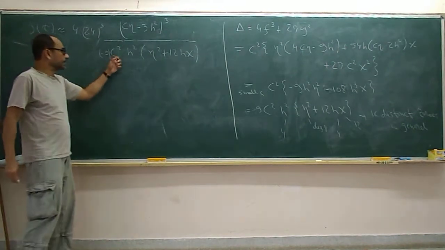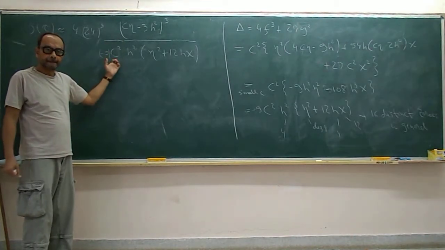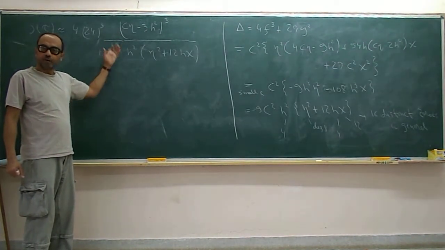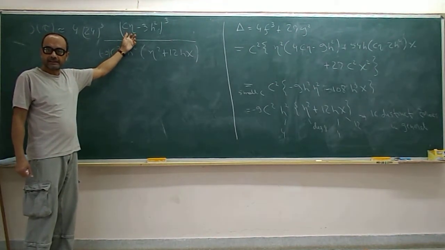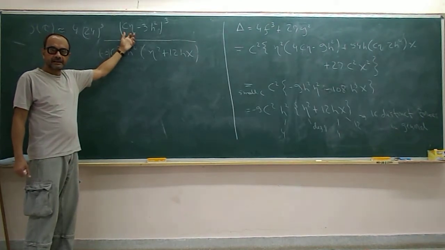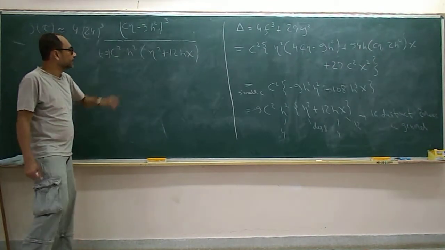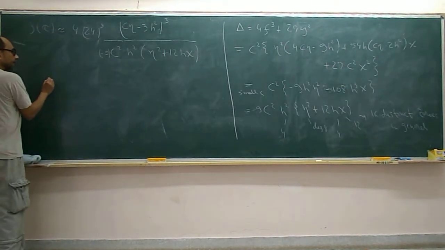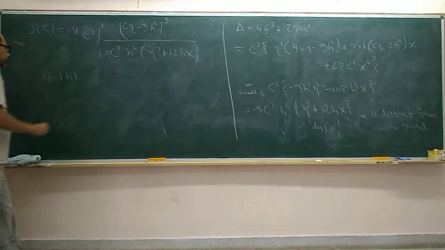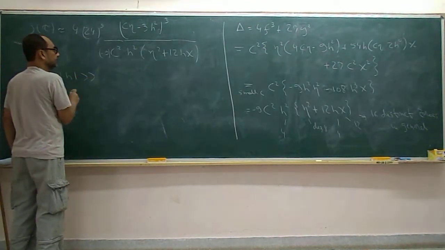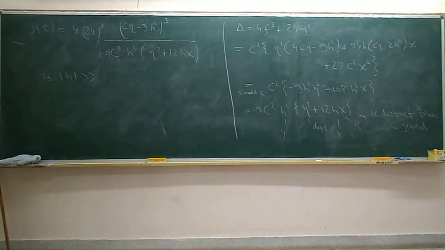Now, the fact that c squared is in the denominator makes this J of tau large almost everywhere. Why almost everywhere? Because the denominator can be 0, the numerator can be 0, and there J of tau is not large. Is this clear? If this becomes small, then of course the c squared doesn't help in the numerator. So, what we need to do is exclude the region where mod h is much larger than... There shouldn't be a minus sign?